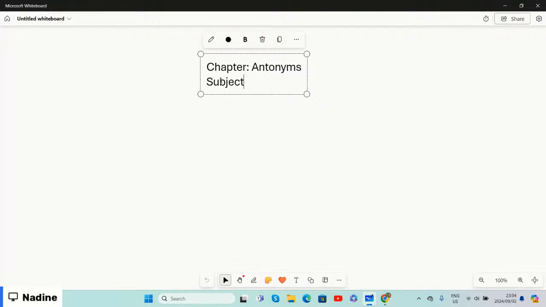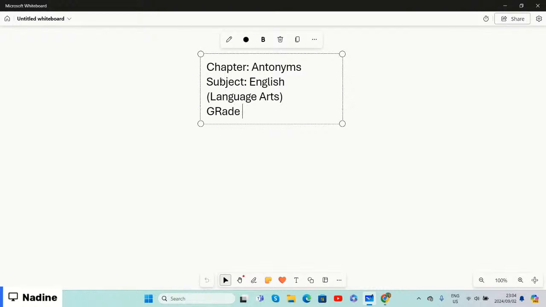Once you've logged on with your username as well as your password, we're going to select the subject of English Language Arts, grade 5. Then we're going to scroll down until we get to the chapter of antonyms.